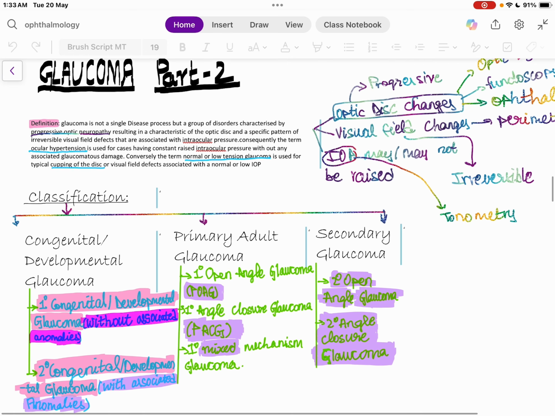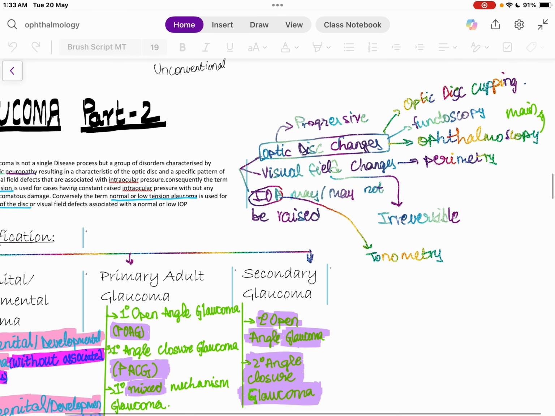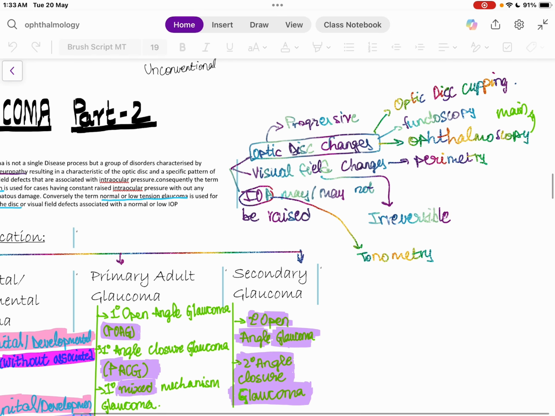So, in glaucoma, there are progressive optic disc changes which can be measured, or these disc changes can be seen using fundoscopy and ophthalmoscopy.